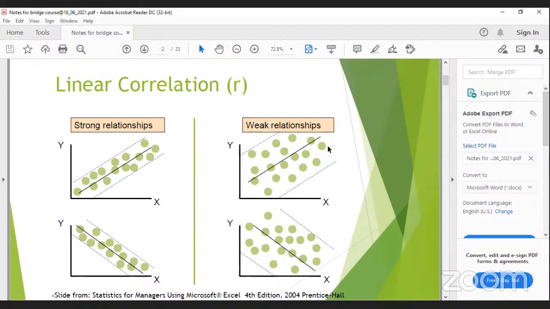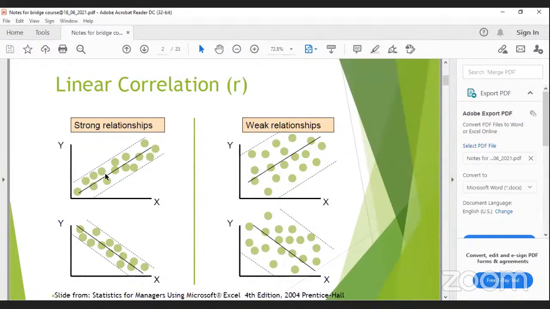Similarly, here we have a weak relation, where you can see this particular line and there are different dots which are away from the line. This is why it is called a weak relationship, because the majority of points are away from this line, and if you measure this distance, it is very high, very far from this line.